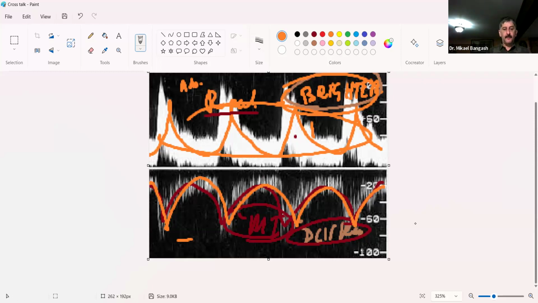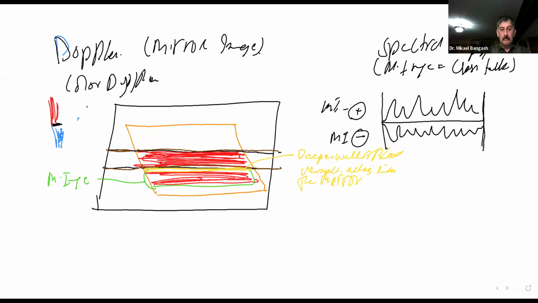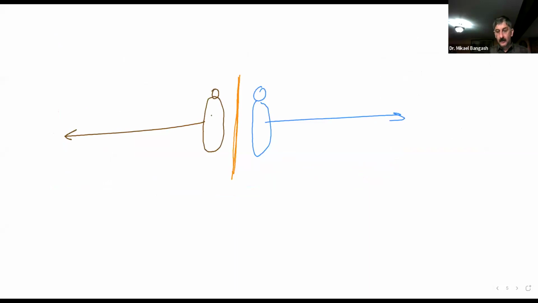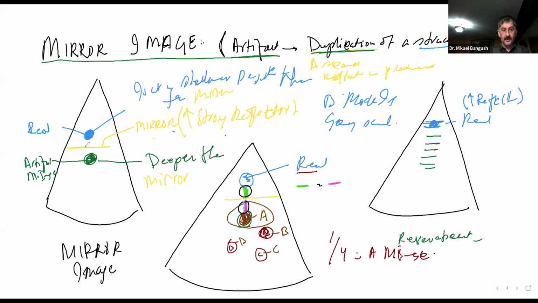So it shouldn't be understood like traditional mirror imaging, where whatever is above the strong reflector, which acts as the mirror, is real, and whatever is below is the artifact.